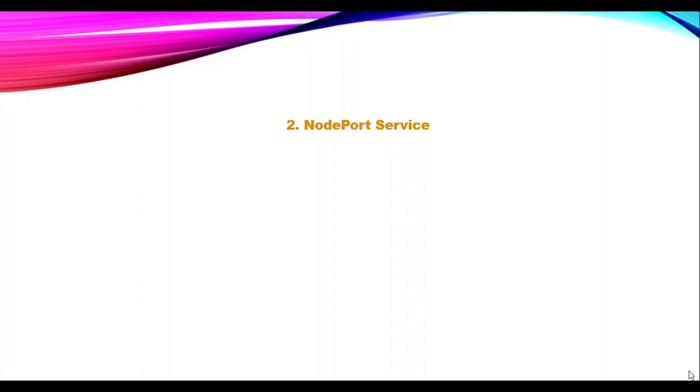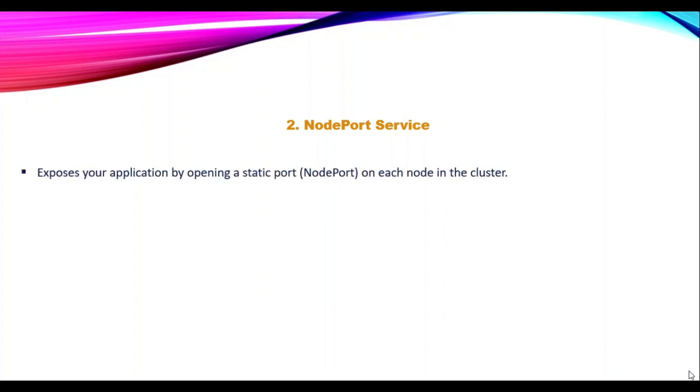What is this all about? This service is used when you want to expose your node externally. You want traffic to be routed externally into your cluster. First of all, this service exposes your application by opening a static port on each node in your cluster. So, let's assume you have just node A in your cluster. It will expose your application running on your node on a static port, so that external clients can reach you on that port.